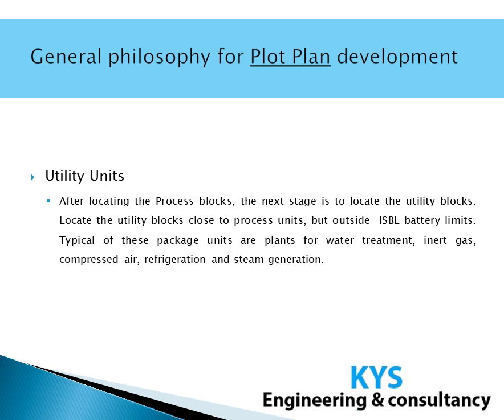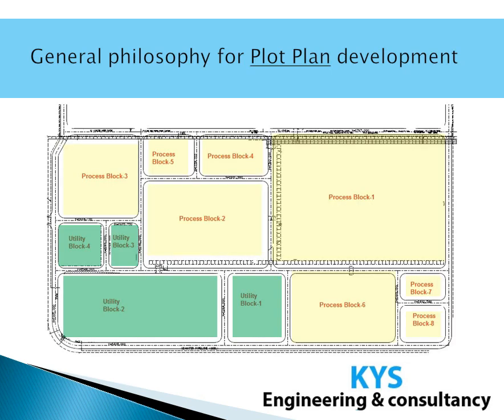Examples of utility units can be water treatment plant, inert gas plant, air compression units, refrigeration units, power generation plants, boilers. In this image we can see these green colored blocks are utility blocks which are in close proximity to the yellow colored process blocks.